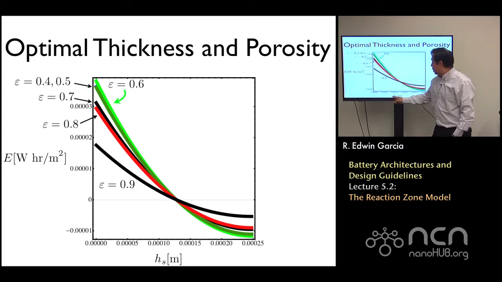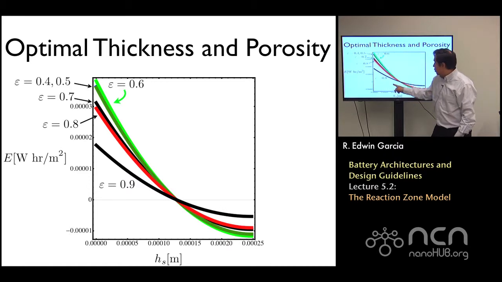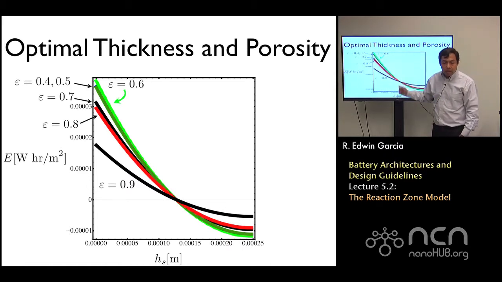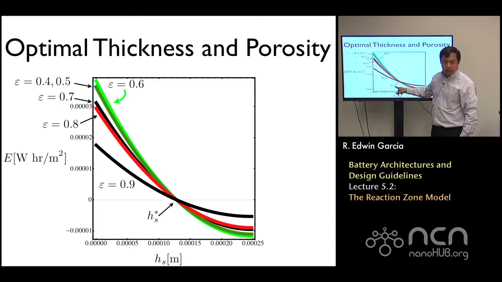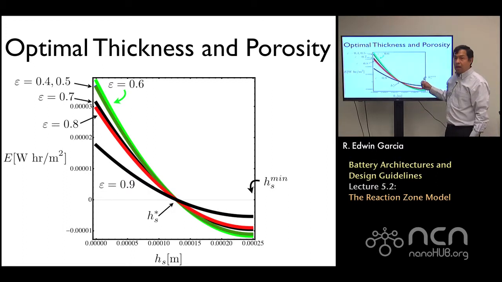Okay, and at some point, if the separator is too thick, it doesn't matter what you do, you will get no energy out of that battery. So that becomes important. So definitely there is a cutoff separator thickness that you have to go through. Basically, there is this critical value H sub S that you will have to get in order to get something out of that. And why? Because beyond that number, basically you won't get any response at all.